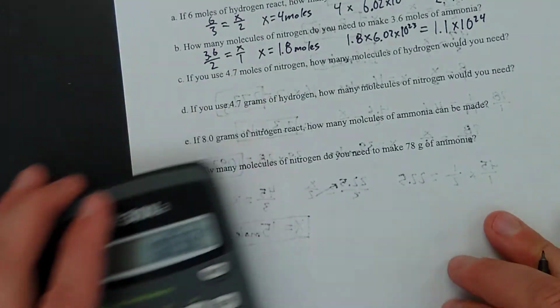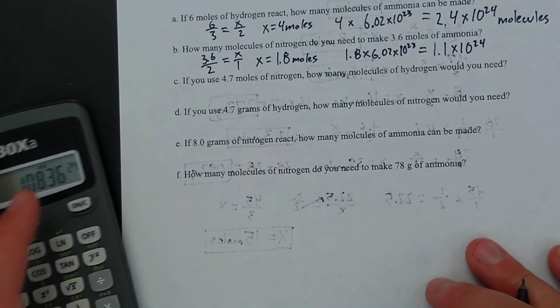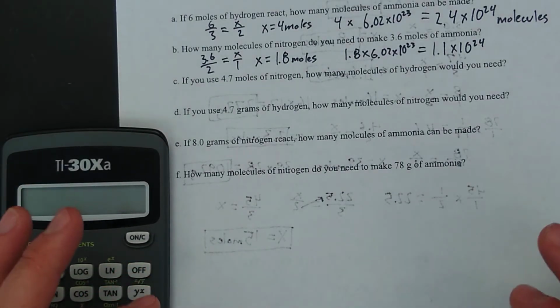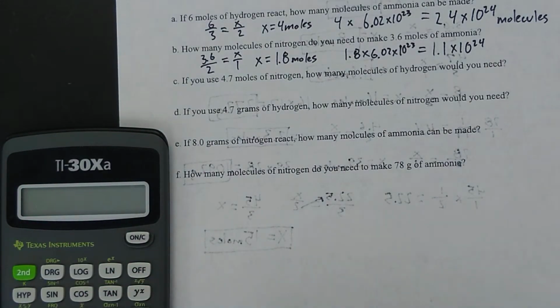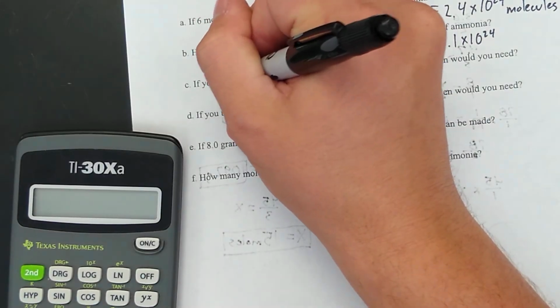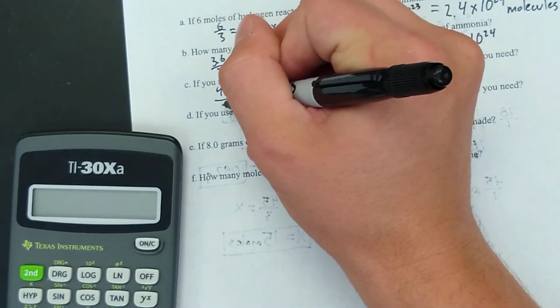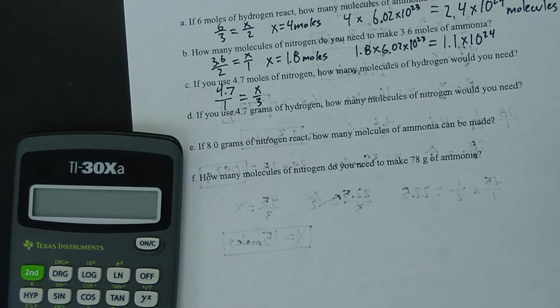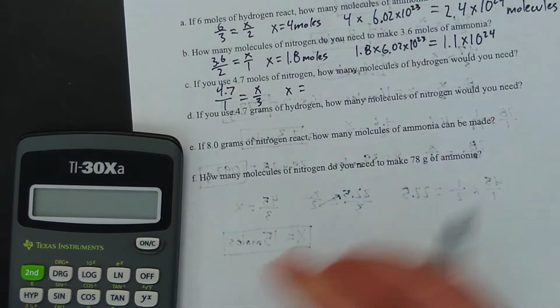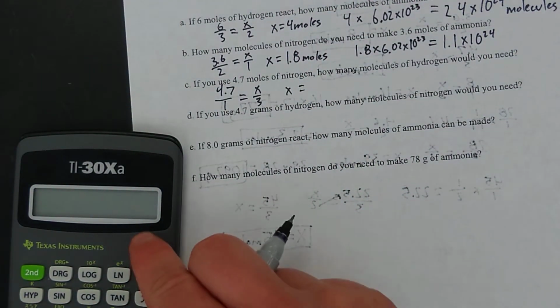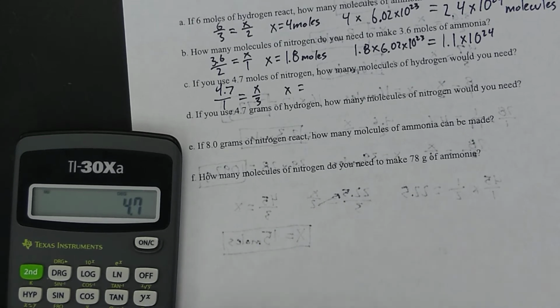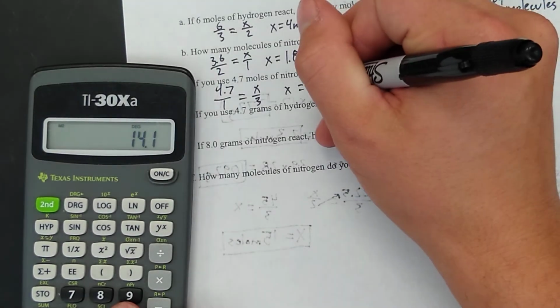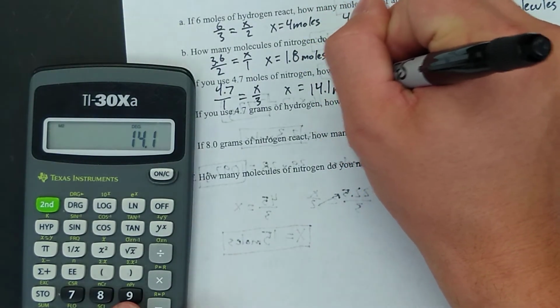Cool. Next problem. If you use 4.7 moles of nitrogen, how many molecules of hydrogen would you need? 4.7 is to 1, as X is to 3. X is equal to, we're going to do 4.7 times 3. It'll give us 14.1 moles.